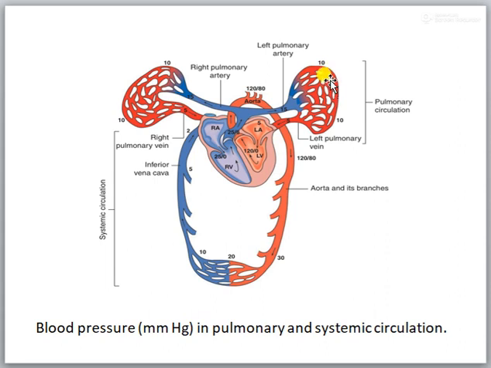It is the pulmonary circulation, and there is a 10 mmHg pressure gradient in the pulmonary system, and this is the aorta. 15 mmHg is the mean pulmonary artery pressure and 5 mmHg is the mean pulmonary vein pressure.